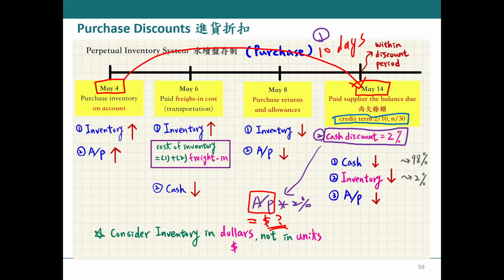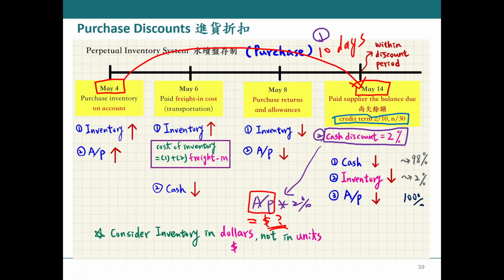After you figure out how much the cash discount is, then we record the transaction. You don't owe the suppliers any money anymore, so accounts payable should be decreased 100%. But you just need to pay how much? 98%. Why is that? Because you got a 2% discount. Why do we use the inventory account?